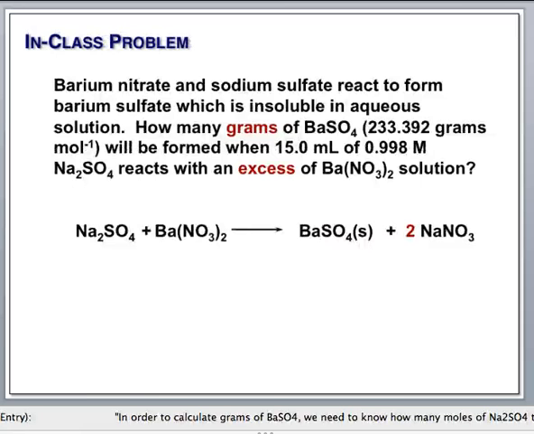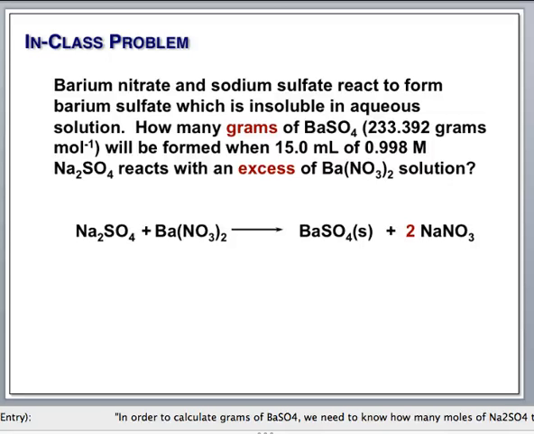Now, we want to know how many grams of barium sulfate we're going to get if we take 15 mils of just about 1 molar sodium sulfate and react it with excess barium nitrate. So this isn't what I was thinking about. This isn't the limiting reactant one yet, but we'll get there.